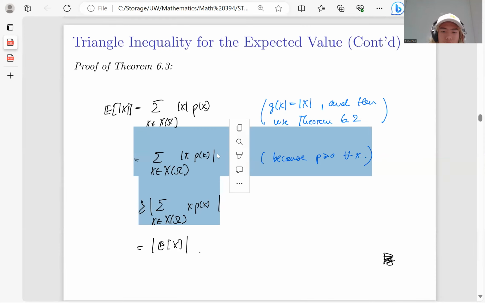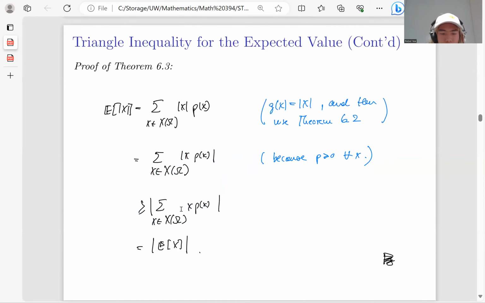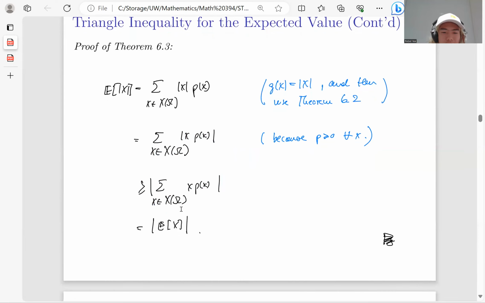So the sum of every absolute value is greater or equal to the absolute value of the summation of each subterm. And this turns out to be the absolute value of the expected value, which is in the last step.